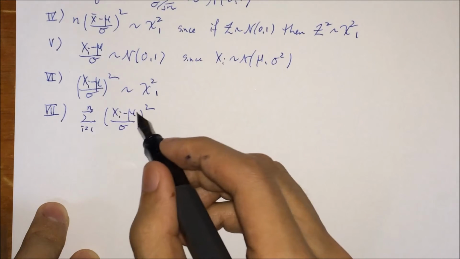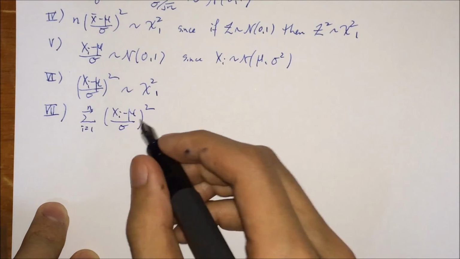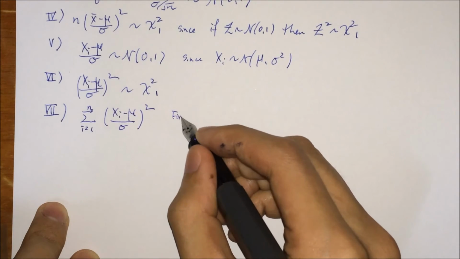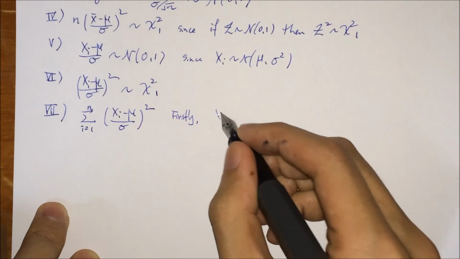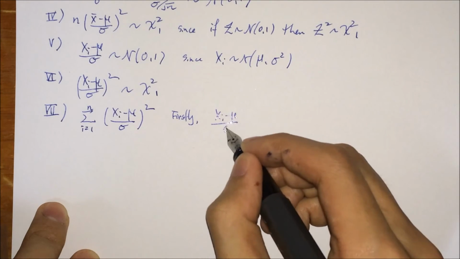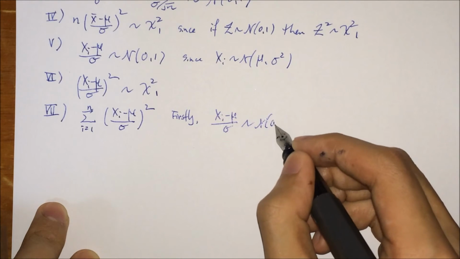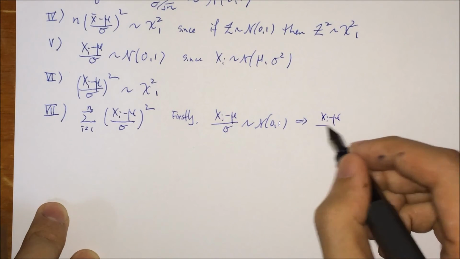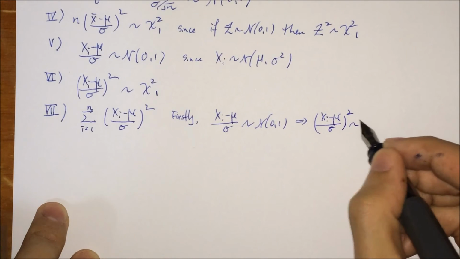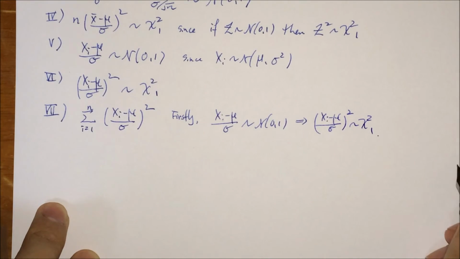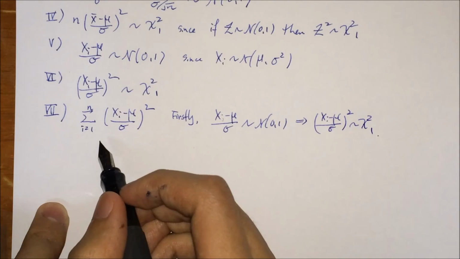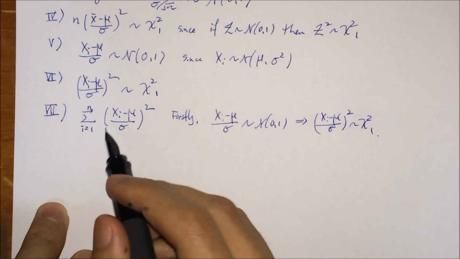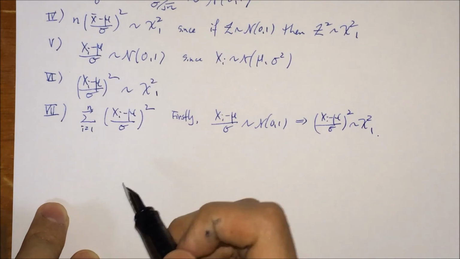Firstly, xi minus mu on sigma we know is normal 0, 1, which tells me xi minus mu on sigma all squared is chi-square 1, and you are summing chi-square 1 random variables.